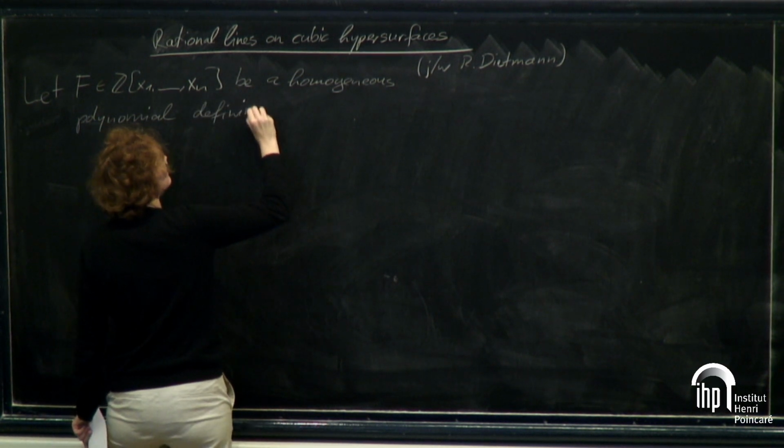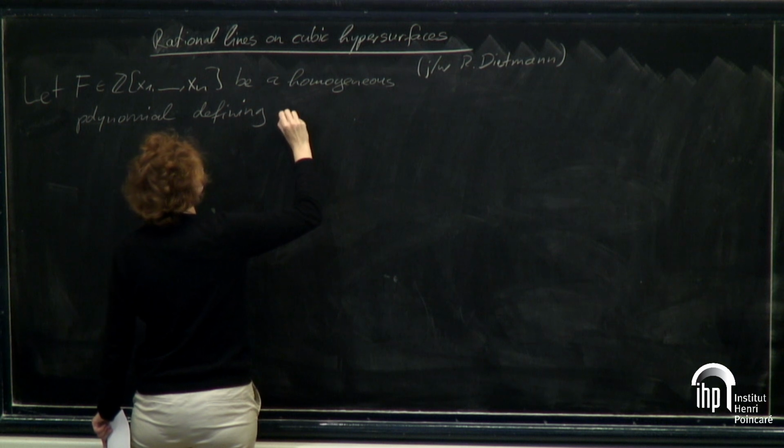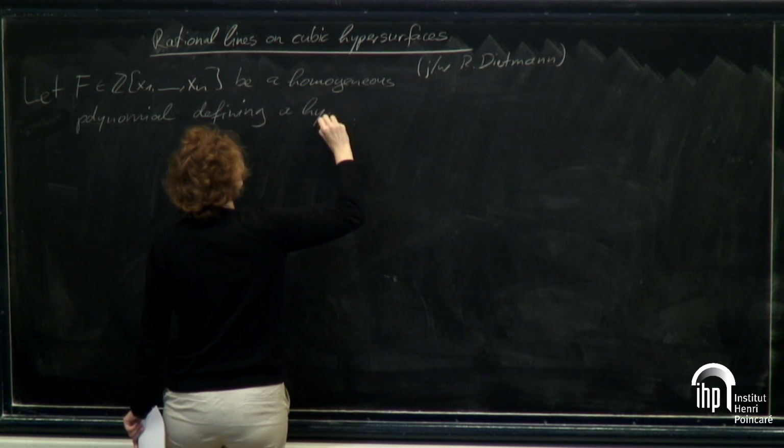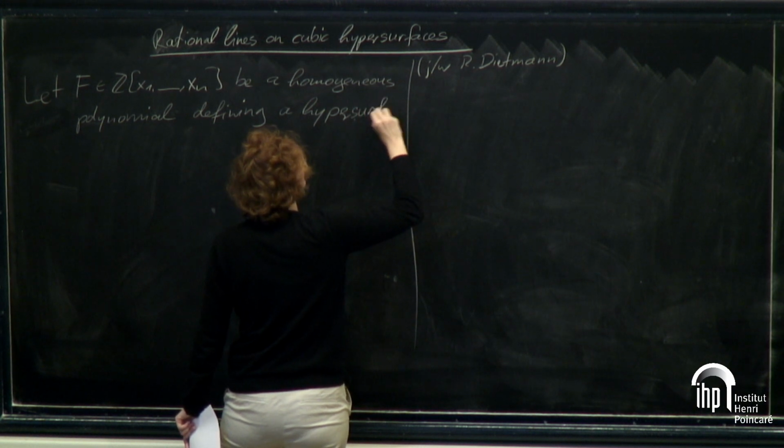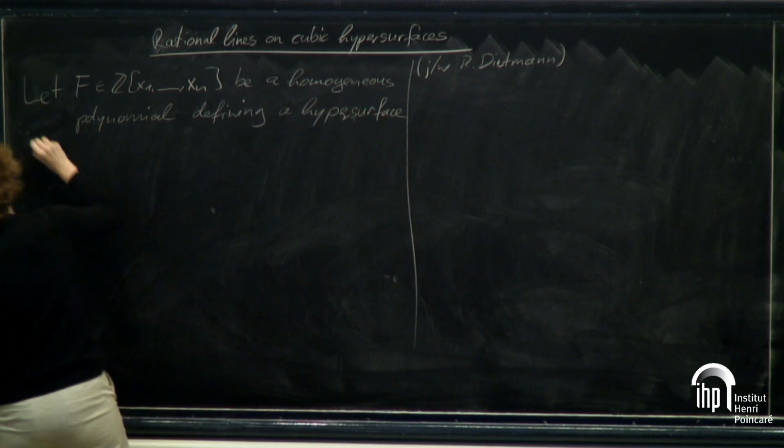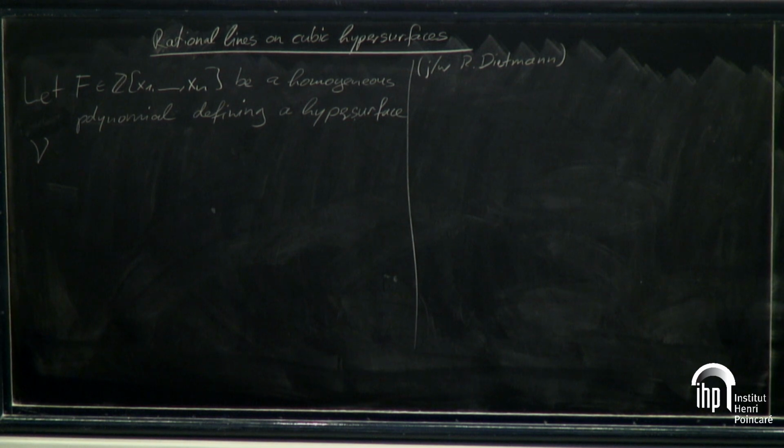And I'll call the hypersurface curly V. And then, of course, the question is, does V contain rational points?